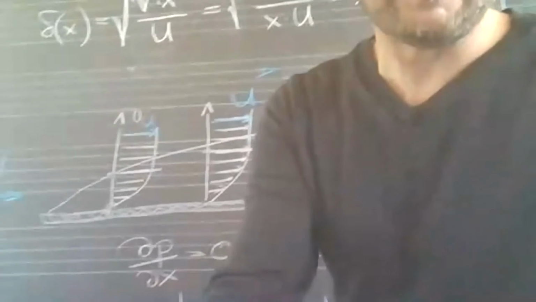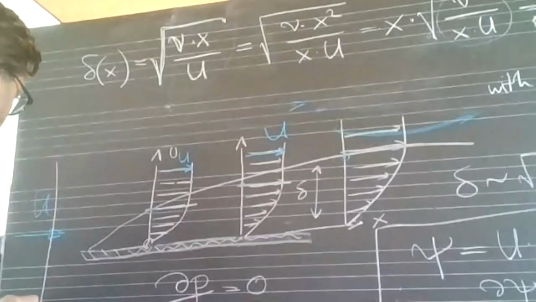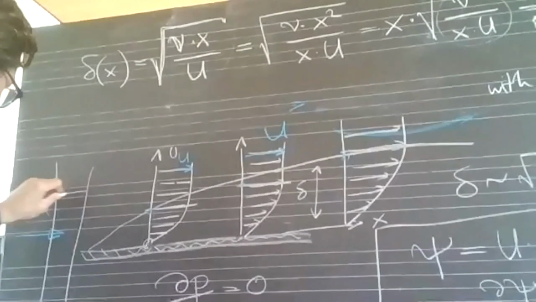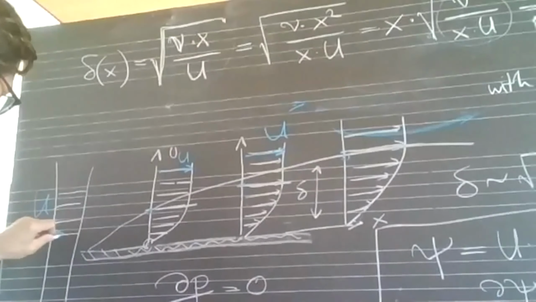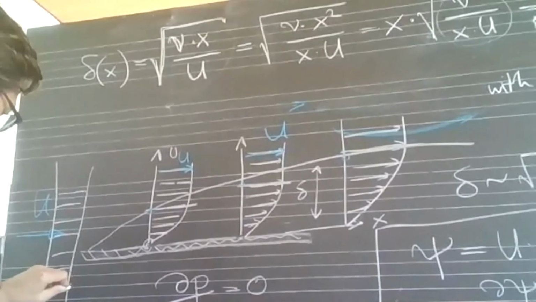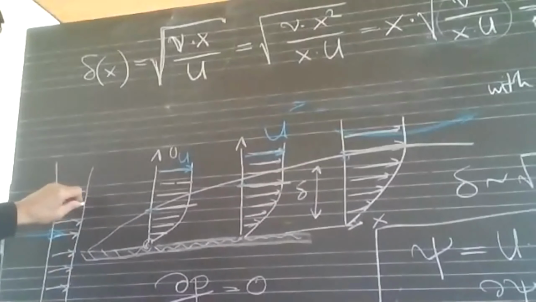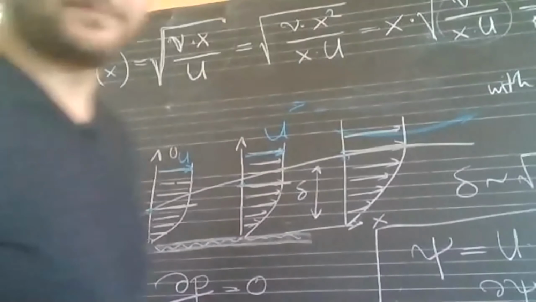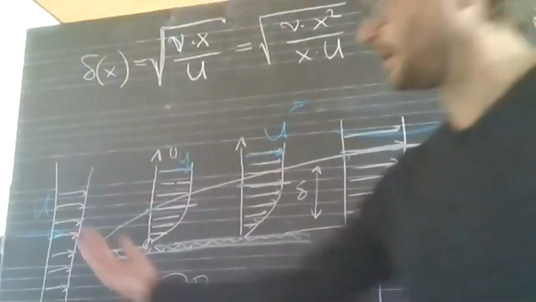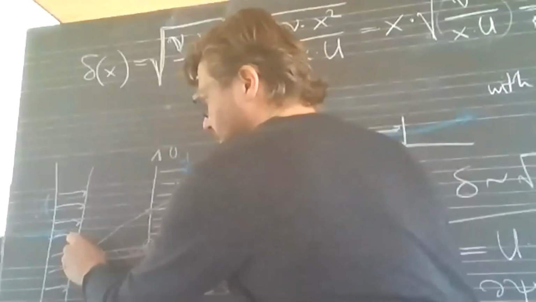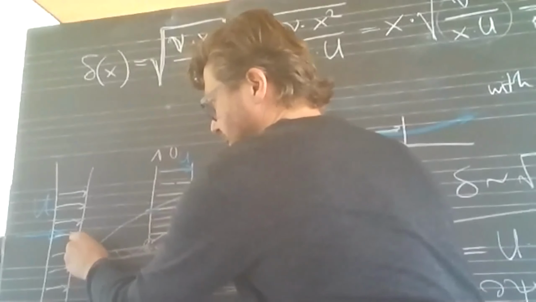Upstream from the wall, we have a uniform velocity profile. All the velocities are the same before they start hitting the tip of our flat plate.